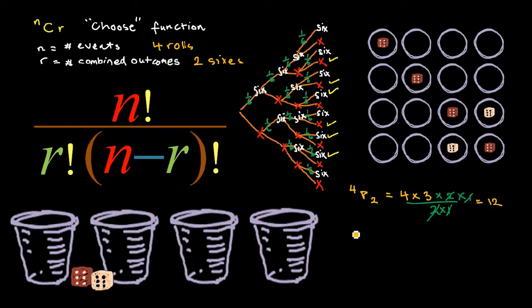Okay, let's see how that works then. So we've now got 4 choose 2, giving us, again, 4 factorial, according to our formula.